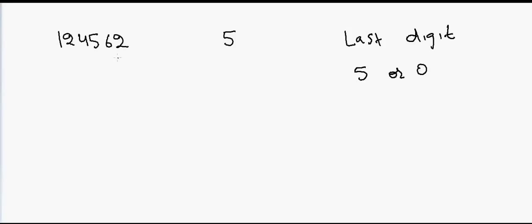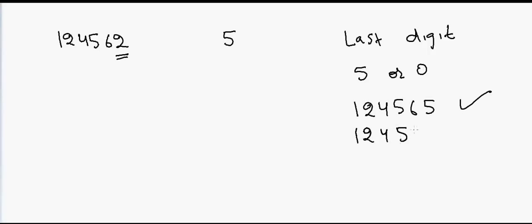In this case it's not, so it is not divisible by 5. If I would have 1 2 4 5 6 5, or 1 2 4 5 6 0, then it would be, but not in this case. So we know this now.